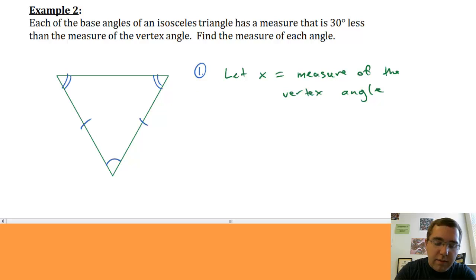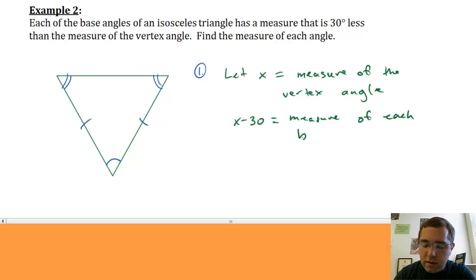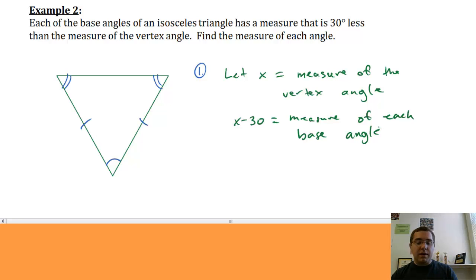So that means what is going to be the measure of the other angles? Well, they're each 30 degrees less, so x minus 30 is the measure of each base angle. I could have let x be the measure of the base angle, then what would be the measure of the vertex angle? x plus 30. So either way is fine, you just have to make a decision and then follow through with that decision.